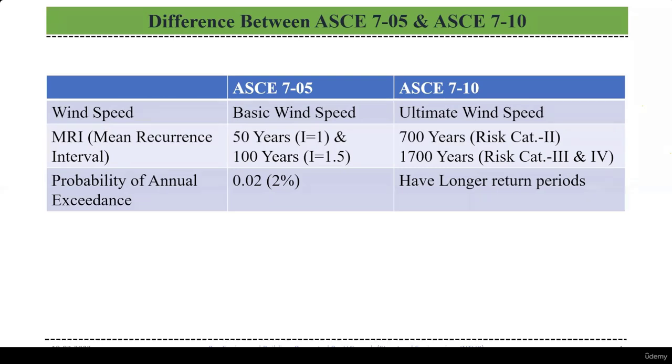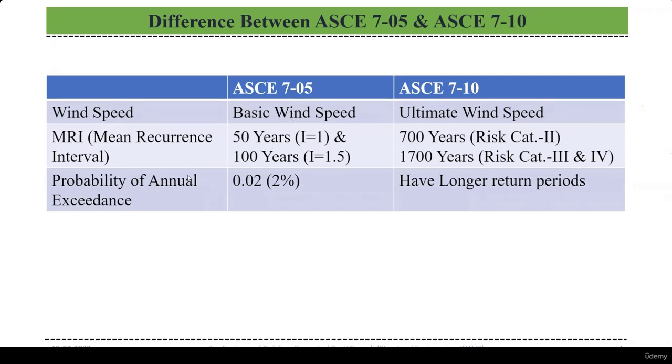So the probability is that for every 50 years this may get exceeded. This is what we term mean recurrence interval, or we can call it the wind return period.